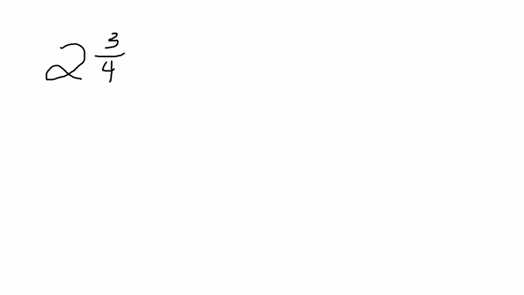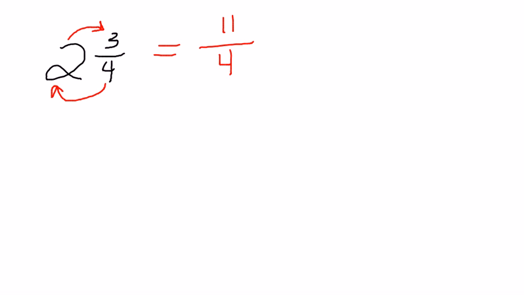To do that, if you remember, 4 times 2 is 8, plus 3 is 11, and I keep my denominator as 4. So now I have 2 3/4 is equal to 11 over 4.